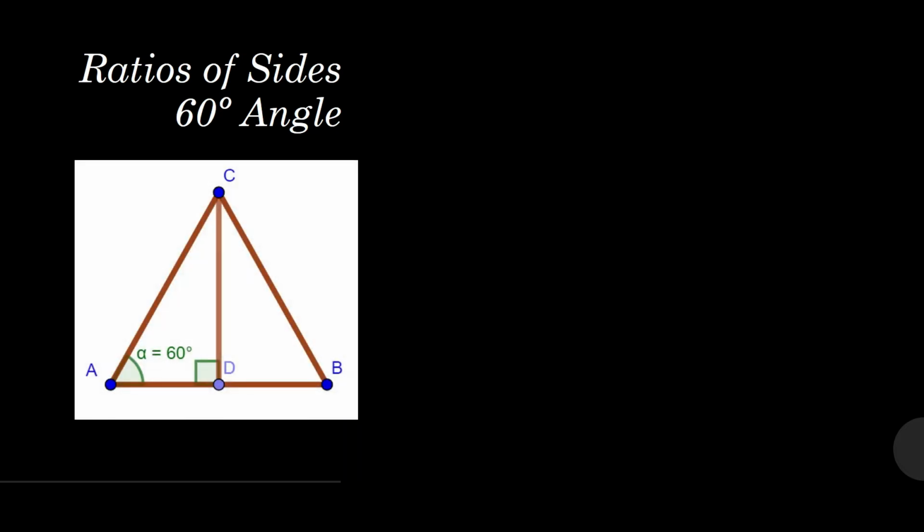So let's say, for example, we have an equilateral triangle. An equilateral triangle has congruent sides. Let us call the sides side A. And you know what? Equilateral triangles are also equiangular.